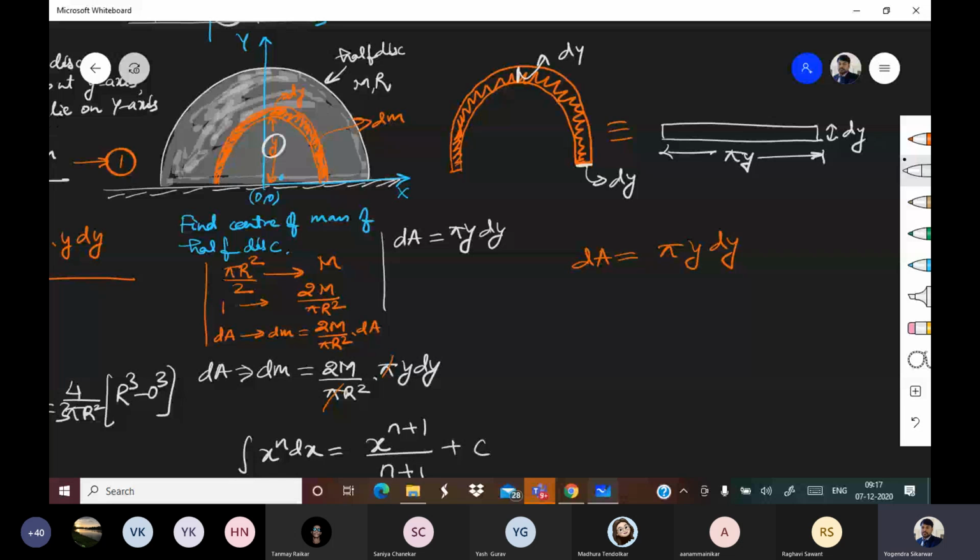So half circle will be pi r. Here r is y. So this area became dA is equal to length into width, because area of rectangle is given as L into B. So dA is equal to pi y dy. Right? Please note.